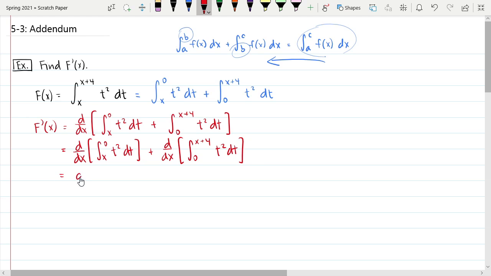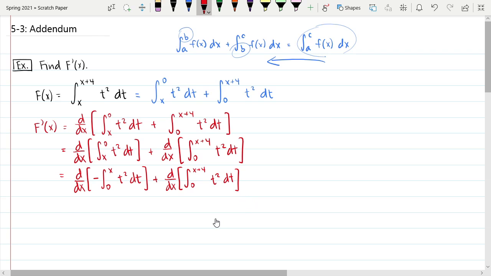So again, this is the same then as the derivative with respect to x of the opposite of the integral from 0 to x of t squared dt, plus, and then for the second one, we don't have to switch anything, but remember that since our upper limit isn't just an x, it's an x plus 4, we do have to use the chain rule when we actually evaluate that derivative.